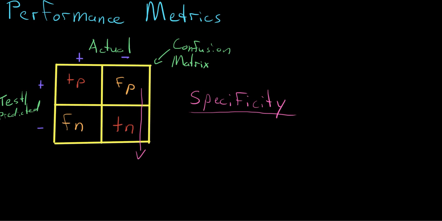We get some performance metric, and by performance I just mean how well it's performing. You don't have to think about it like you would in terms of cars, like how fast it goes. We just mean it in the general sense of how well it does, and we have to measure that.